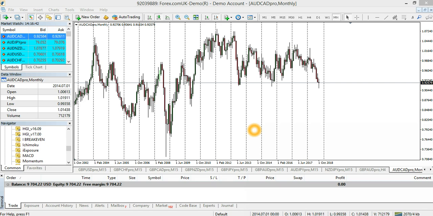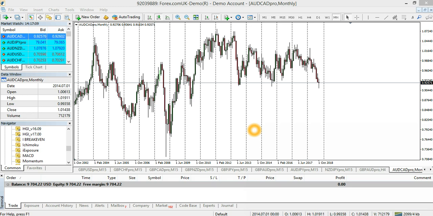Now, a range in Forex trading is also called consolidation, where price just moves from this point down the bottom to this price up the top, and then from this point up the top to about the same area down the bottom, and price just tends to remain in that consolidation, in that range. Sometimes the consolidation may also be sideways, which in Forex is referred to as a channel.